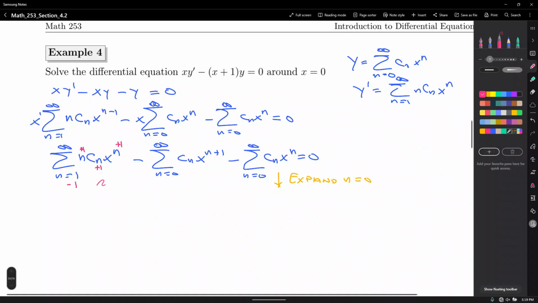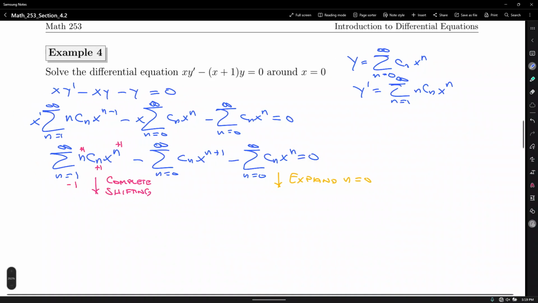And here, what did we do? Complete shifting. All right, we did a complete shifting here. So this will be sigma n equals 0 to infinity n plus 1 c sub n plus 1 x to the n plus 1. Okay, minus the second series remains the same, n equals 0 to infinity c sub n x to the n plus 1 minus, okay, let me open brackets for this.